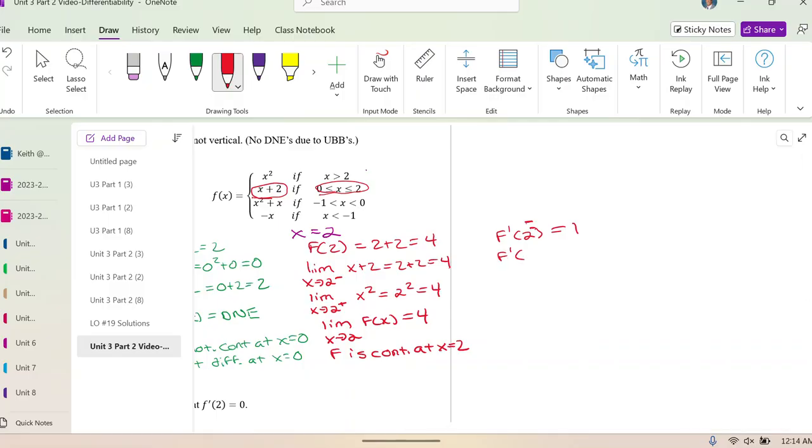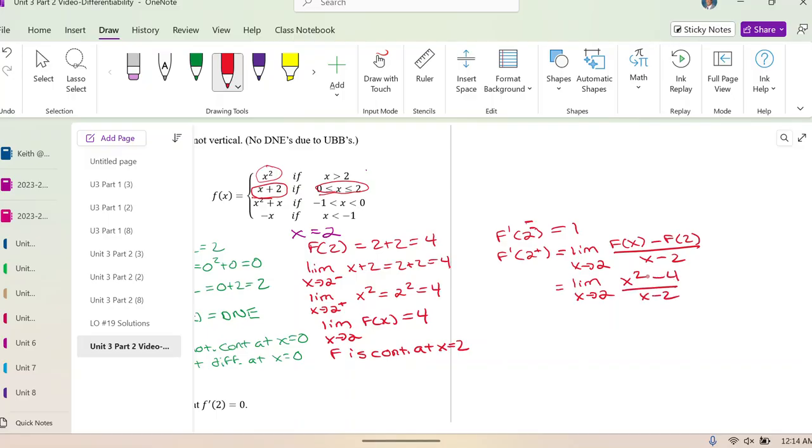F prime of 2 from the right, well, from the right is x squared. So we can find the derivative by taking the limit as x approaches 2 of f of x minus f of 2 all over x minus 2. Well, f of x is x squared, f of 2 is 4.